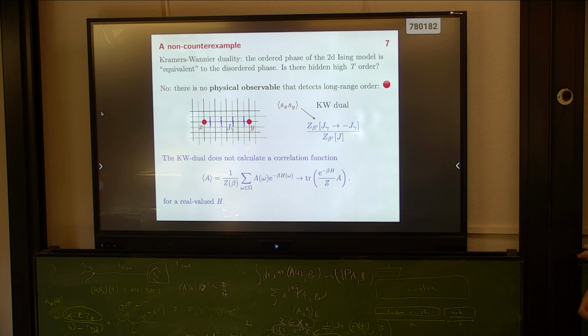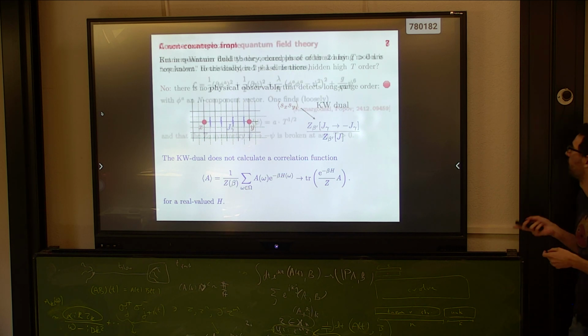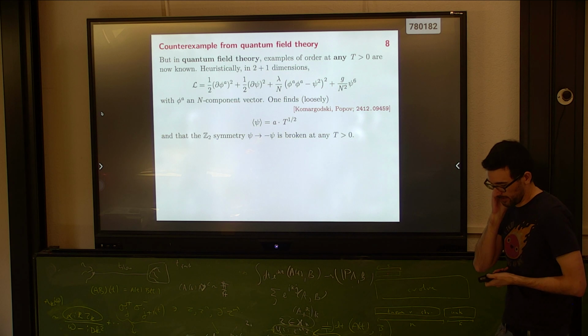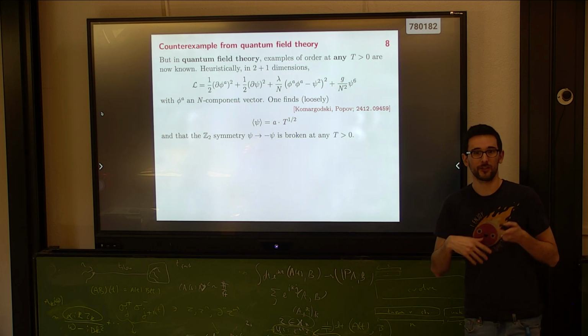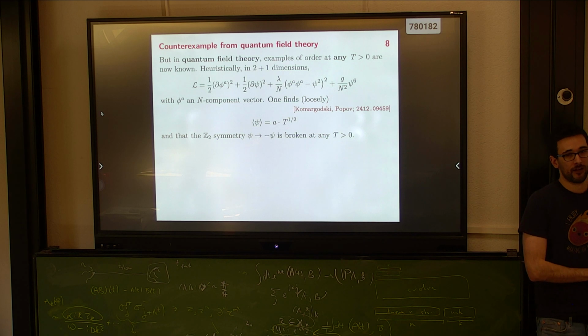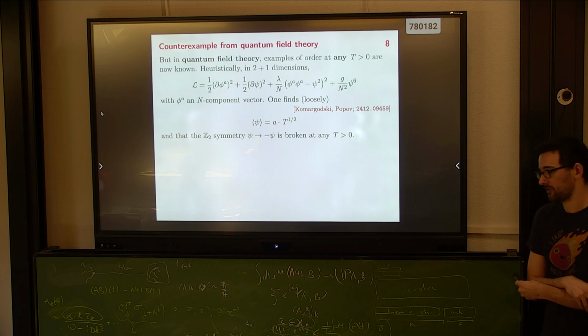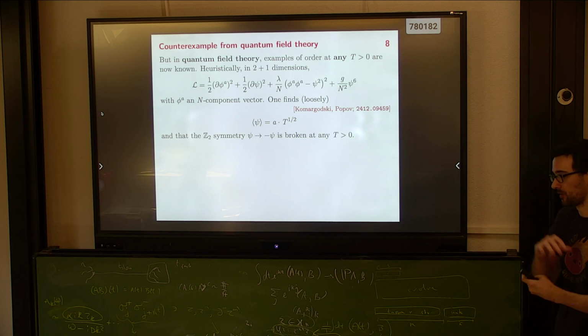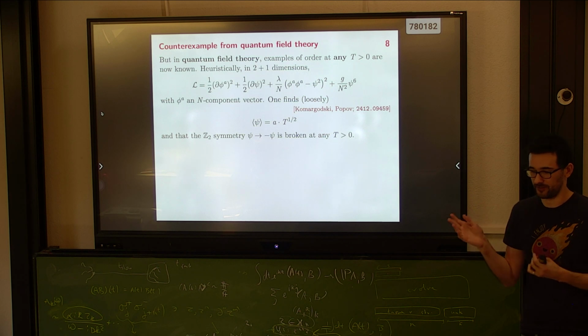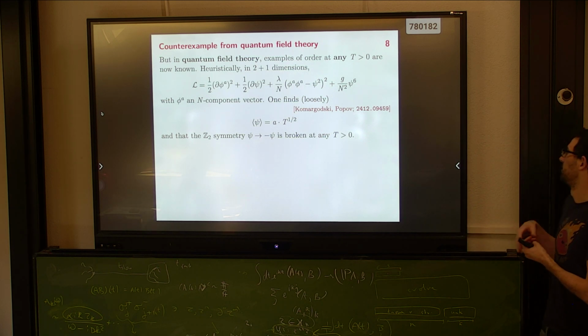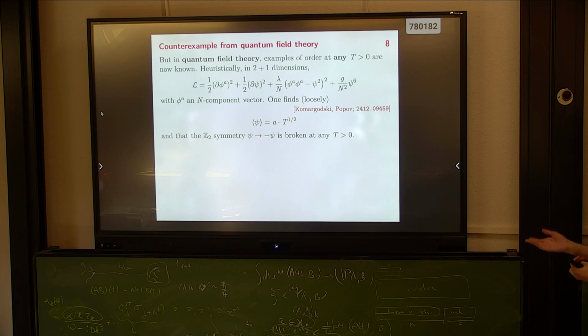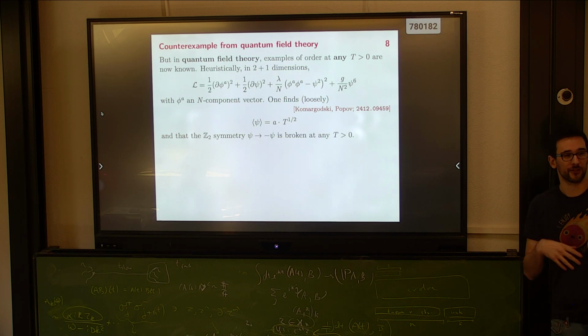Historically, that was not what was done, though. There's a long history in quantum field theory of people trying to build systems that order at very high temperature. In many of the constructions, there was some sort of sickness, like the theory didn't live in an integer number of dimensions, so it's a bit funny, or the theory is not UV complete, and so we don't really know what happens at high temperature.